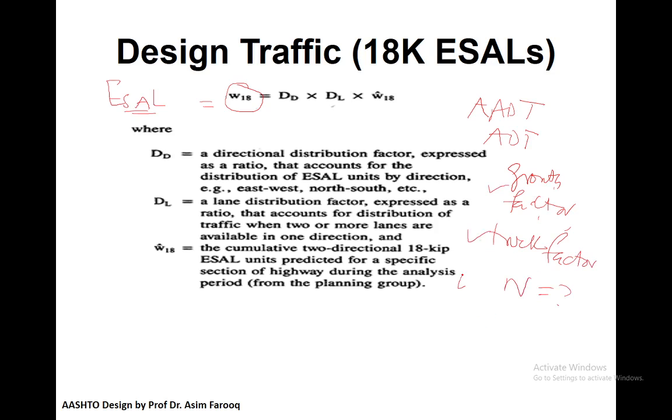Similarly, W18 is equal to DD multiplied by DL multiplied by w18. W18 is basically ESAL, while DL is a lane distribution factor and DD is a directional factor, which are usually determined from AADT.